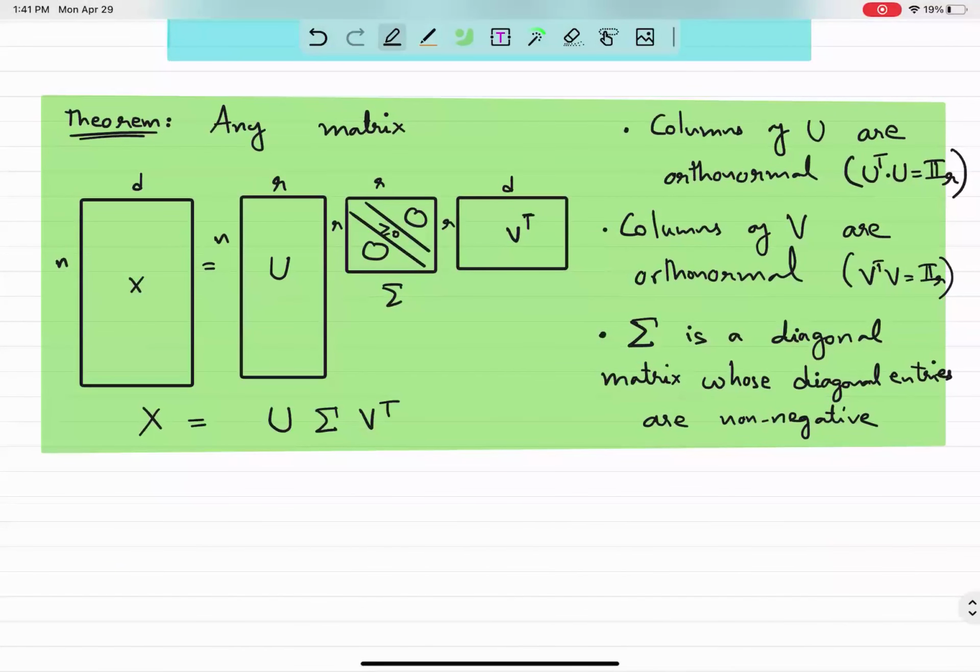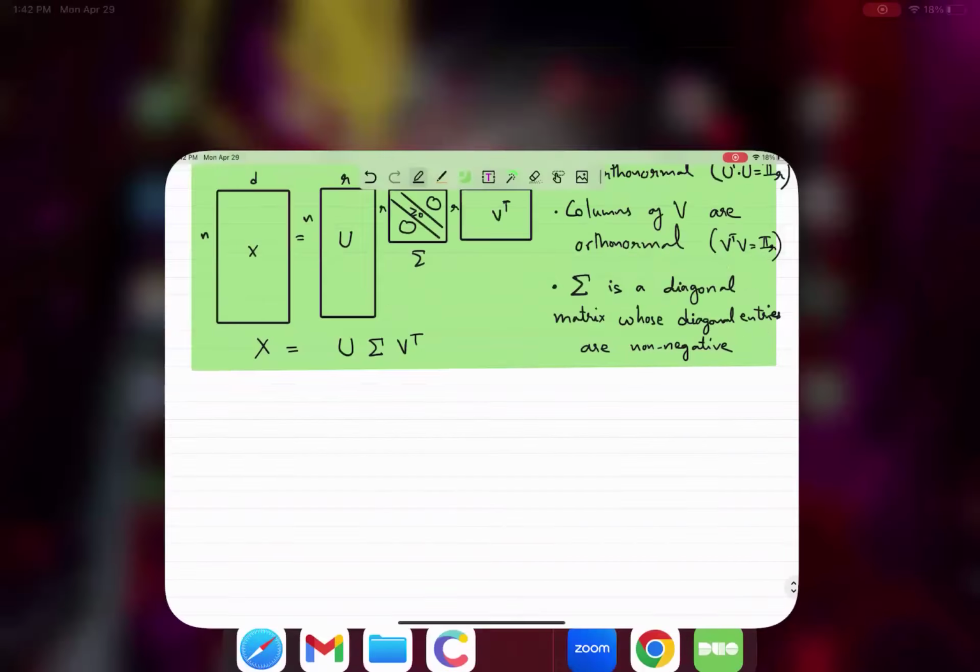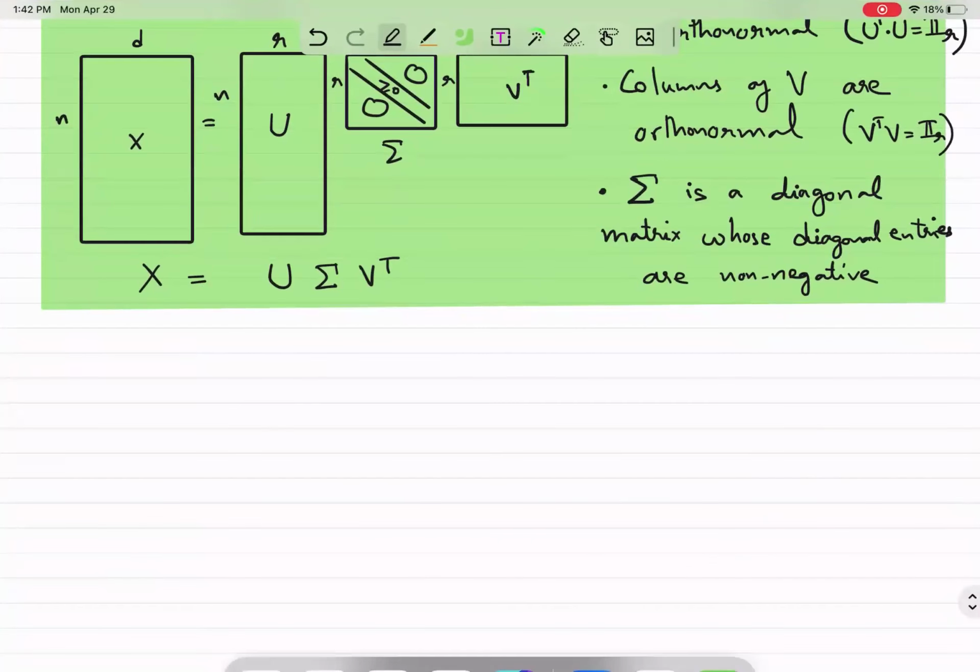So the theorem says that any matrix has a factorization of this form. Can be written as U sigma V transpose, where the columns of U are orthonormal, columns of V are orthonormal, sigma is a diagonal matrix. Any questions about the statement? Yes, no? Okay, let's just do a couple of examples, and then in the next lecture, we'll connect it to the problems that we are doing.